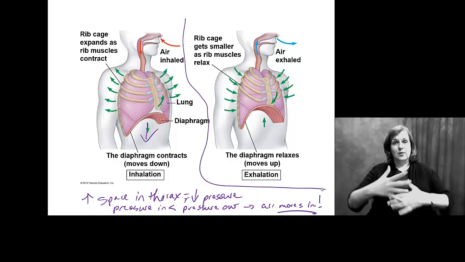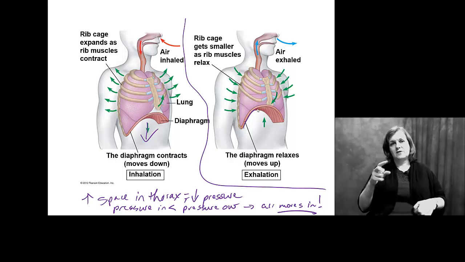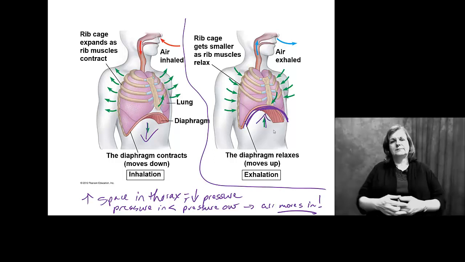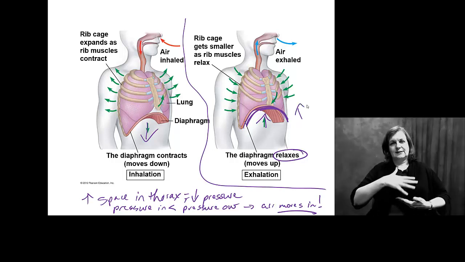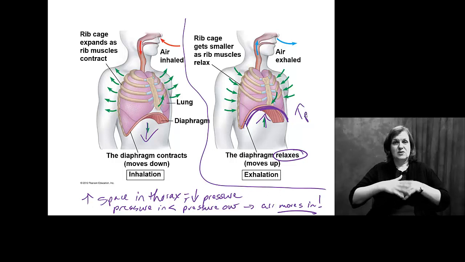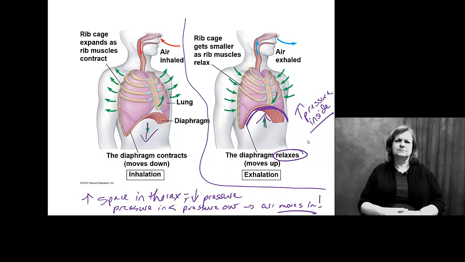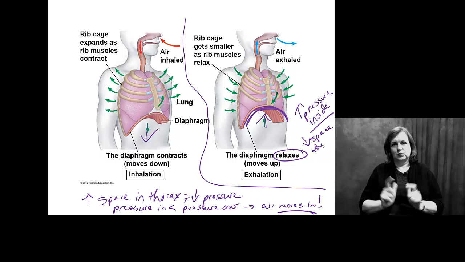To exhale, we do the opposite. The diaphragm relaxes and pushes upwards. When it does that, it increases the pressure inside. Why does it increase the pressure inside? Because you've decreased the space in the thorax.